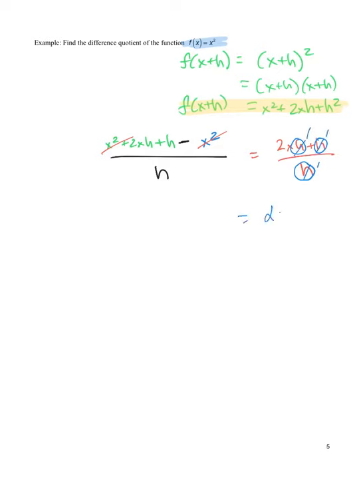So that just gives me 2x plus what? H. So this is our difference quotient. Now remember, that numerator was a binomial, so when you simplify, that h has to go into each of those terms.